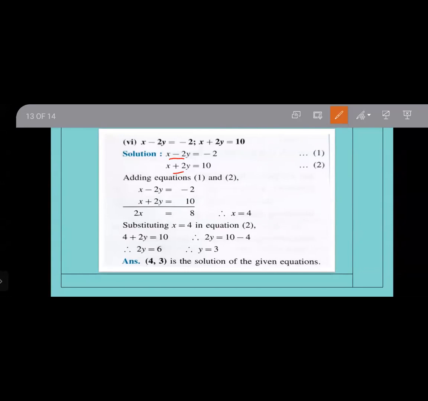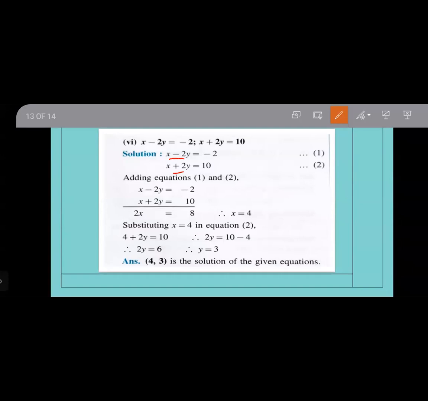So here, if the signs are different and the coefficients are the same, simply add the equations. Okay? And then proceed further.